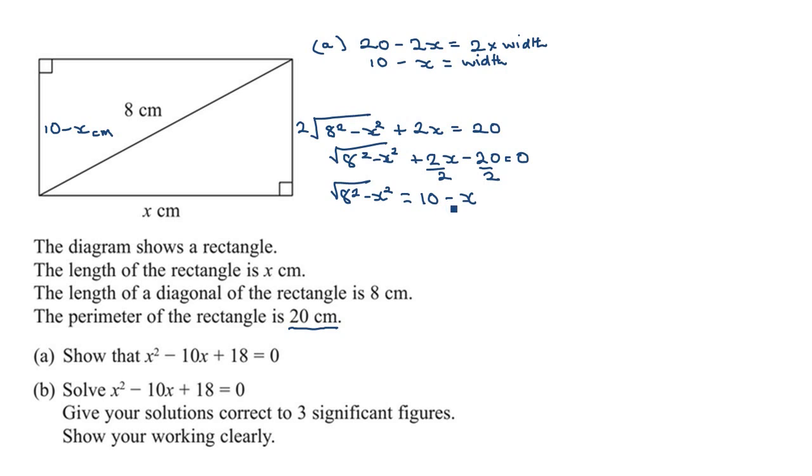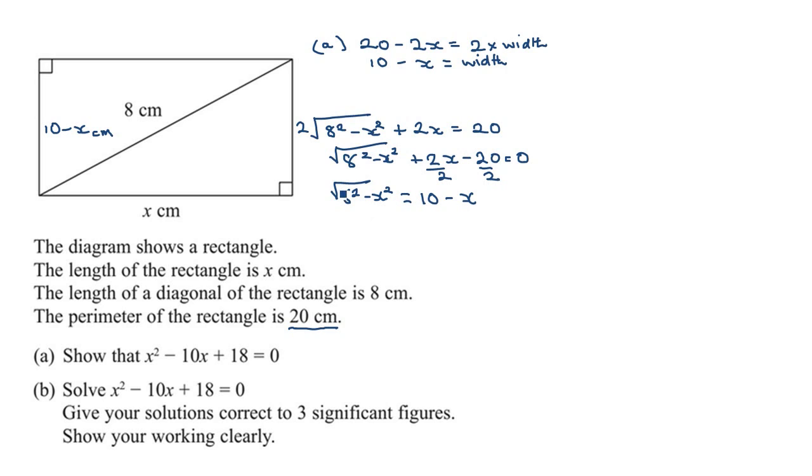So all I did there was subtract minus 10 from the left hand side and subtract x from this side. So now I've got the square root of 8 squared minus x squared equals 10 minus x.